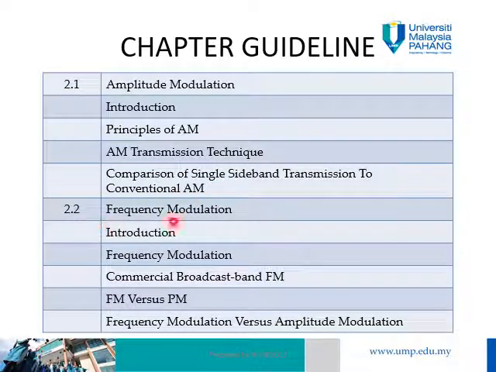For frequency modulation, we will cover introduction, frequency modulation, the theory, commercial broadcast band FM, and some discussion on comparison between FM and PM, phase modulation, and frequency modulation versus amplitude modulation.